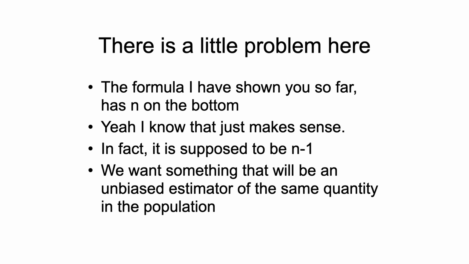If we use N, we tend to underpredict the value of the variance in the population, the standard deviation of the population. If we divide by N minus 1, we actually get an accurate prediction.